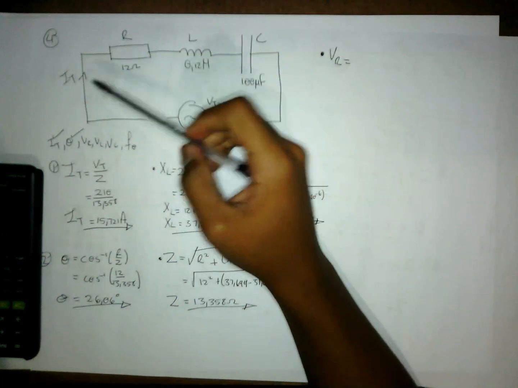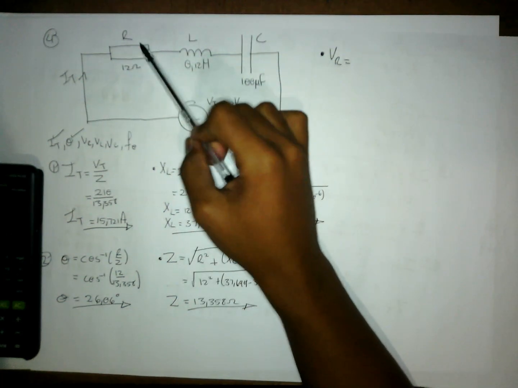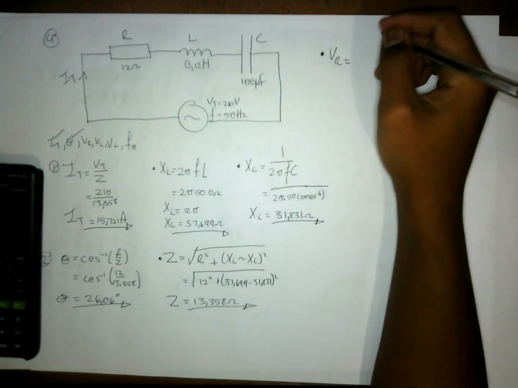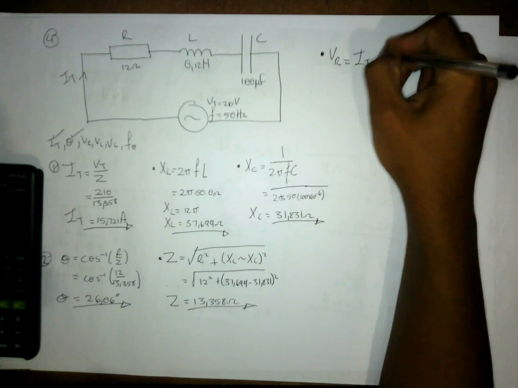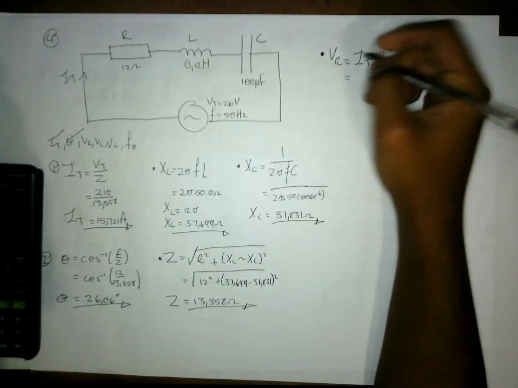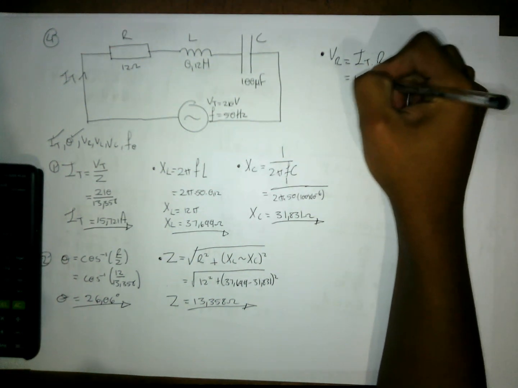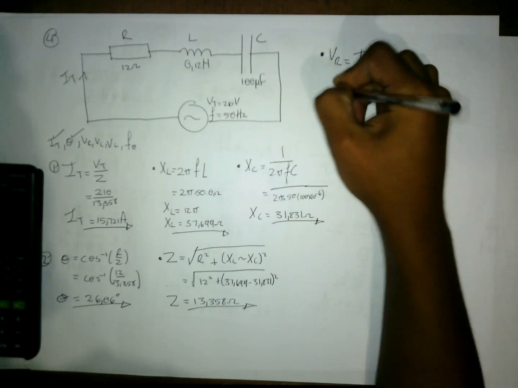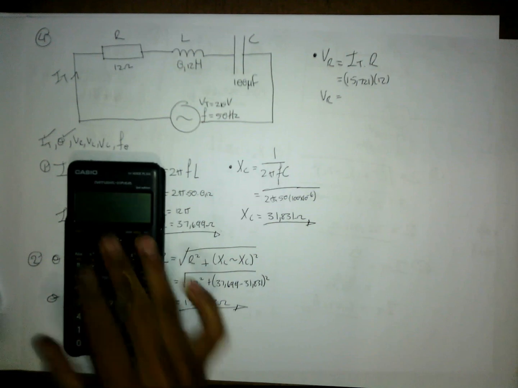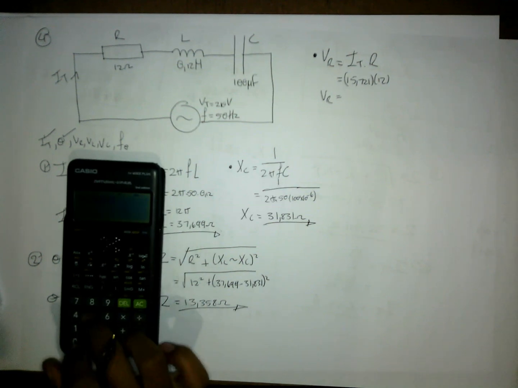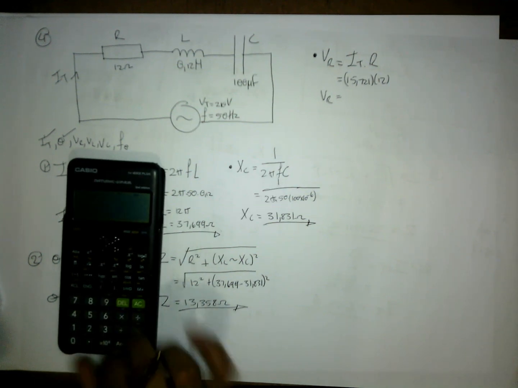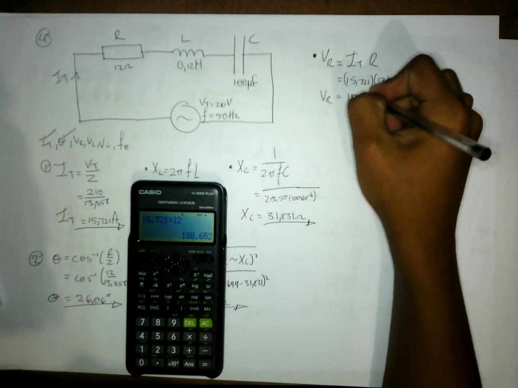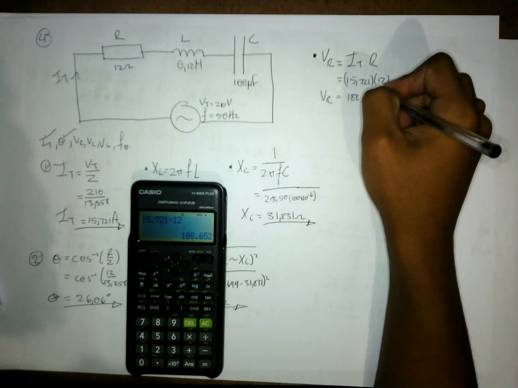We also need the component's resistance. So we're going to say I times R, which is our Ohm's law. So 15,721 times 12 is our VR. And we are left with 188,652 volts.